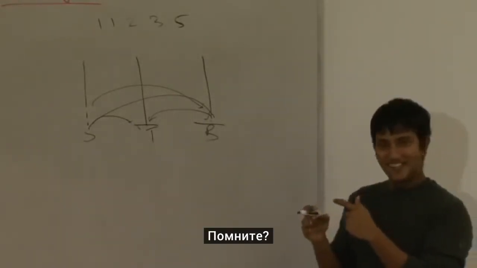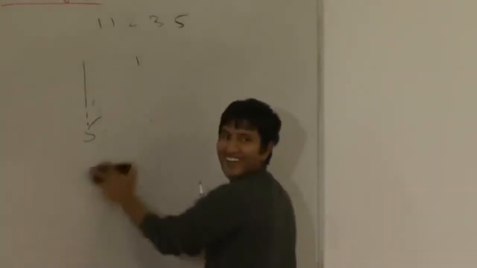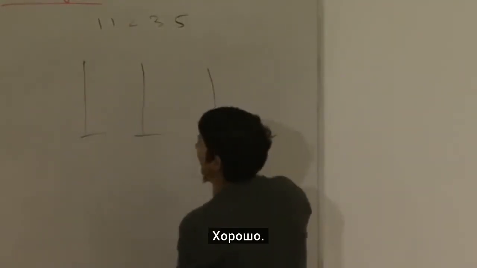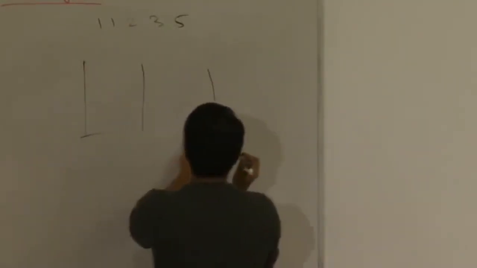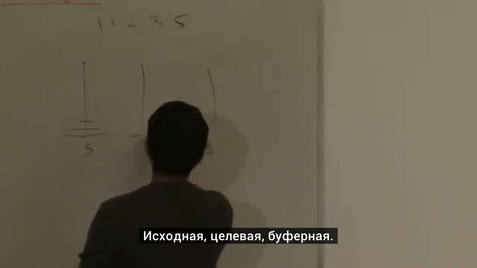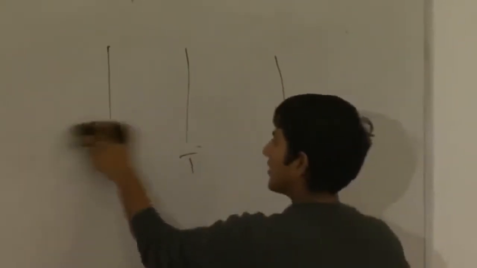Remember? The problem is because we didn't think recursively. Okay. Let's think recursively. Source, target, buffer. Suppose we have only one disk.